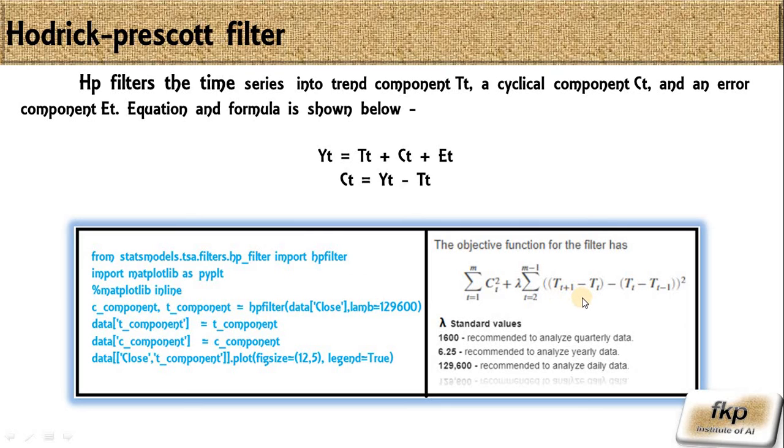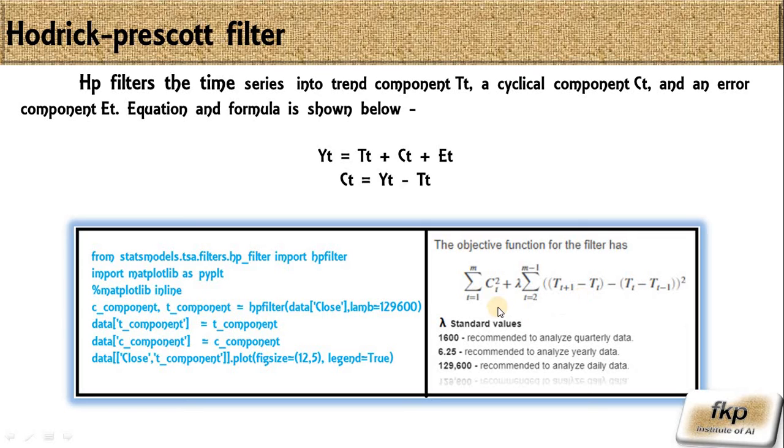So this is the formula which Hodrick-Prescott discovered to extract the trend component out of the time series.